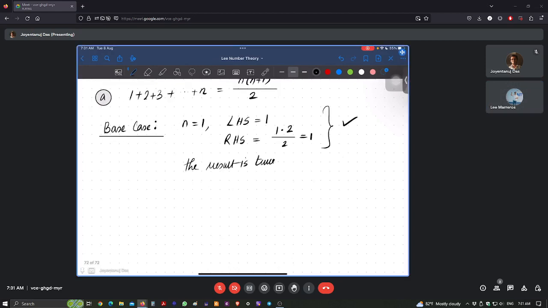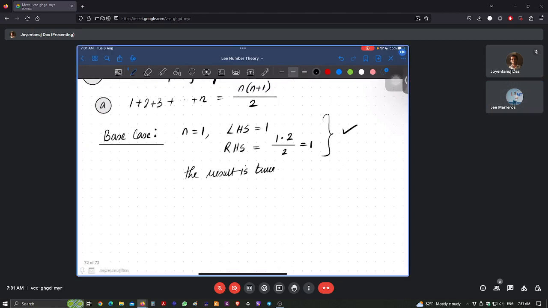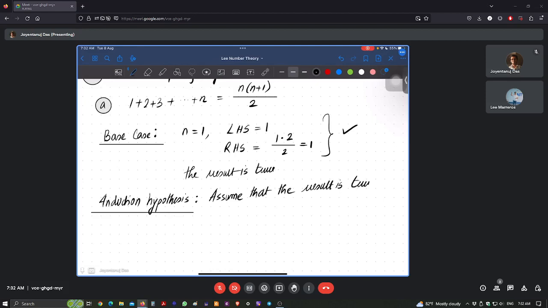The next step is the induction hypothesis. Here we assume that the result is true for n equals k, for some k.